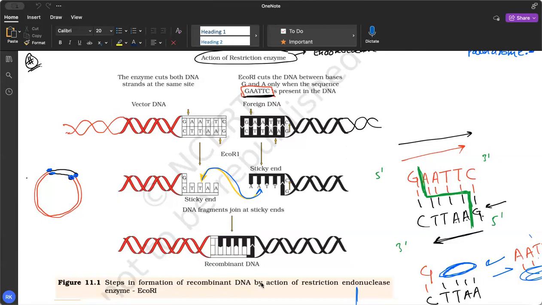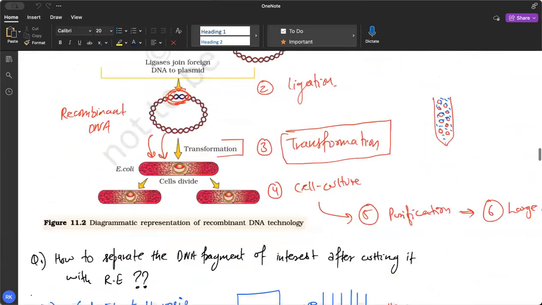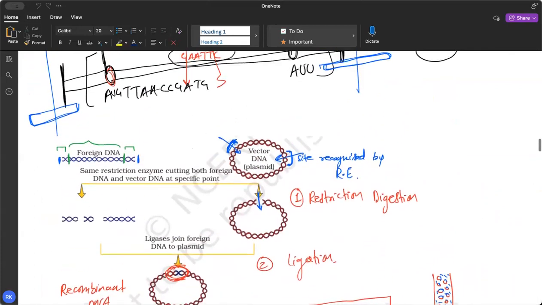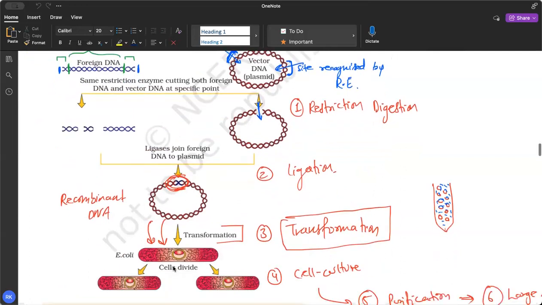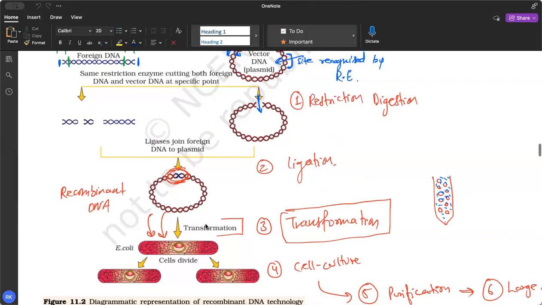Okay, perfect. Then we talked about the steps. We take a foreign DNA and, using the same restriction enzyme, cut both the foreign DNA and the vector DNA. And using ligase, we join the DNA after introducing our piece into it, and then we send it into the living cell, which is called the process of transformation.